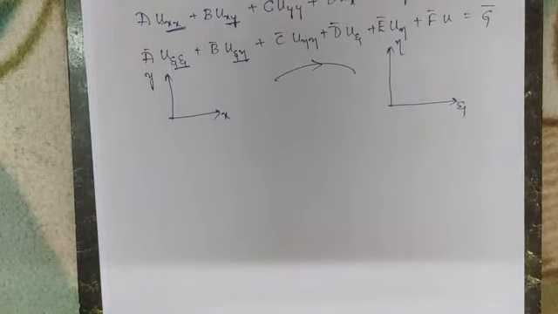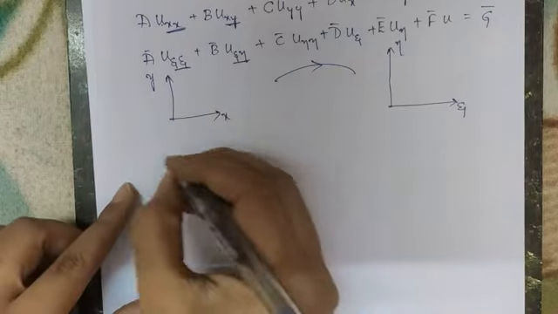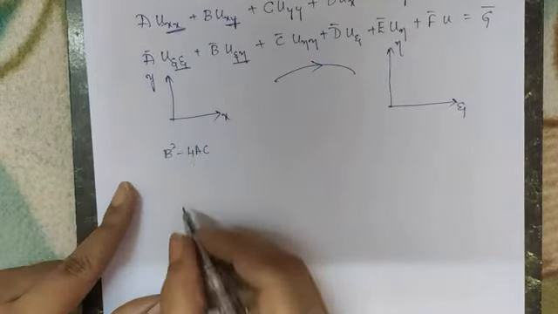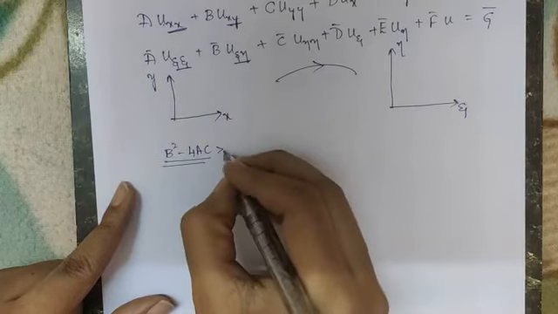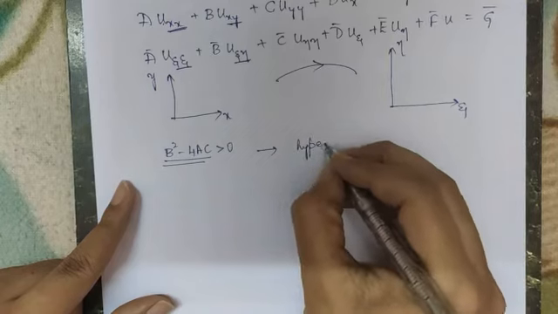We also discussed one major topic, that is deciding whether the given partial differential equation is elliptic, hyperbolic or parabolic by finding the discriminant, which is b square minus 4ac. If b square minus 4ac is greater than 0, then the equation is hyperbolic.